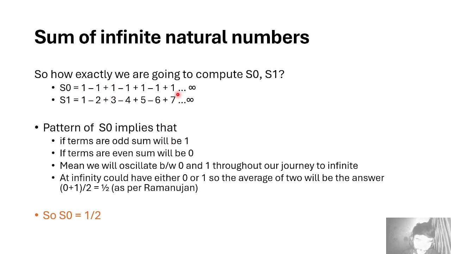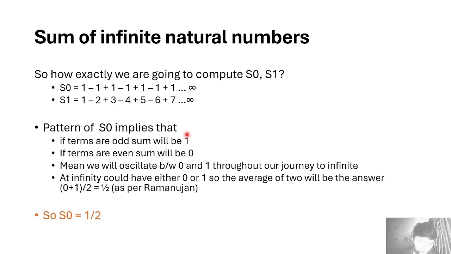So if the number of terms we have is even, then we get a total sum of 0. If it's odd, then we get a total sum of 1.